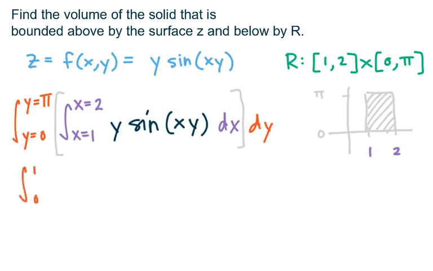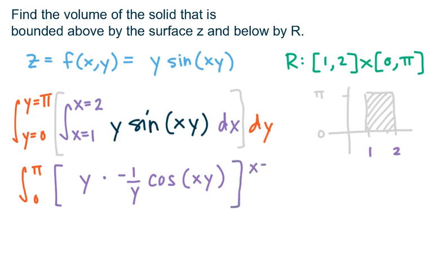So I've got my y values from 0 to pi, and I'm dealing with y times negative 1 over y cosine of xy, and that's evaluated from x equals 2 to x equals 1.